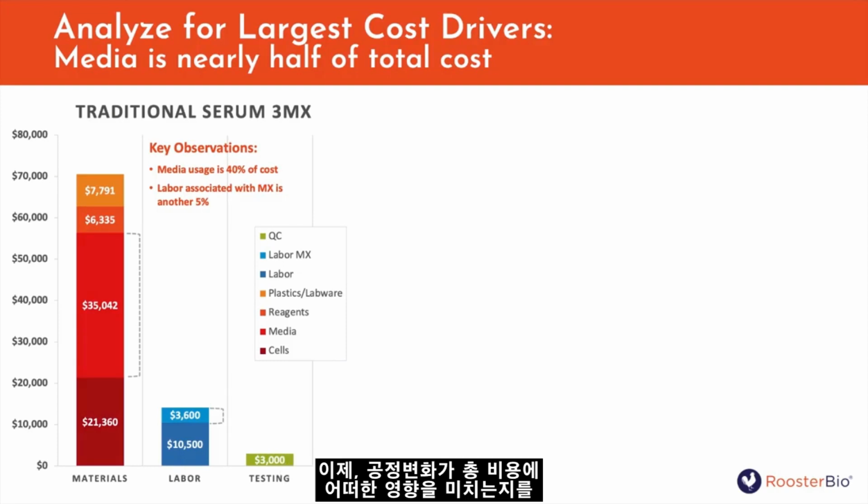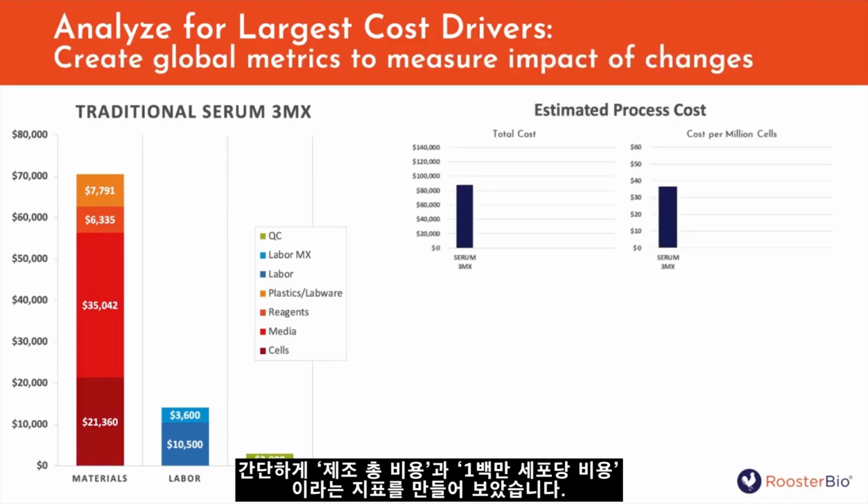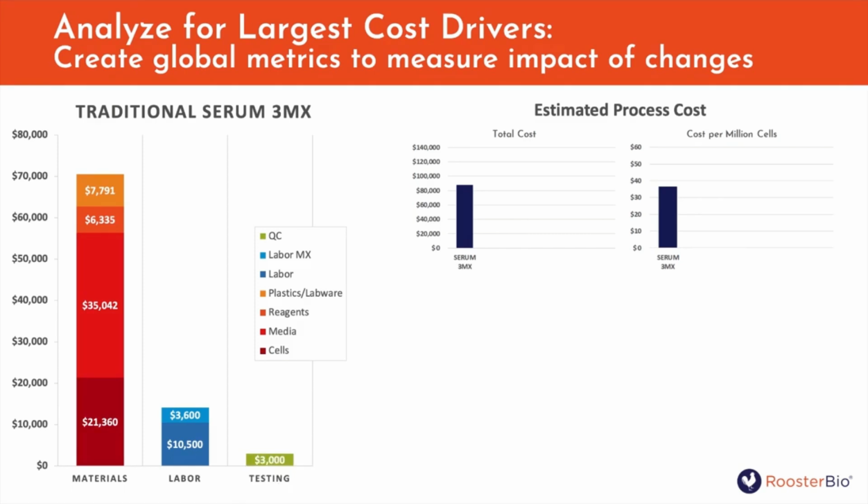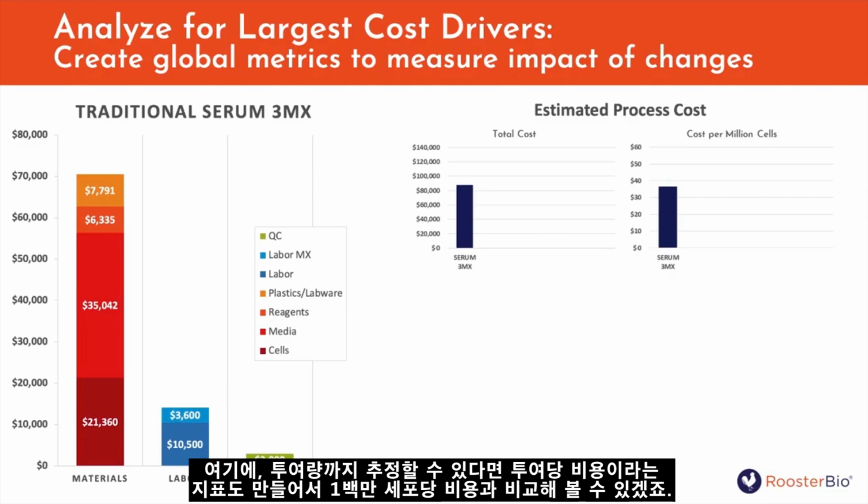We next want to begin to identify key metrics, which can be used throughout the rest of this exercise to bookmark how process changes in our model ultimately impact our cost of goods. The first are 2 simple global metrics comparing the total production cost, in this case around $87,000, and our cost per million cells generated, around $37 per million cells. If dose estimates are known, then it can be broken down accordingly versus cost per million cells.